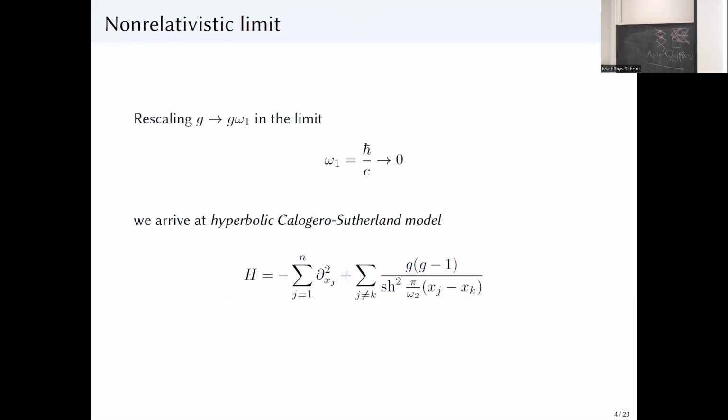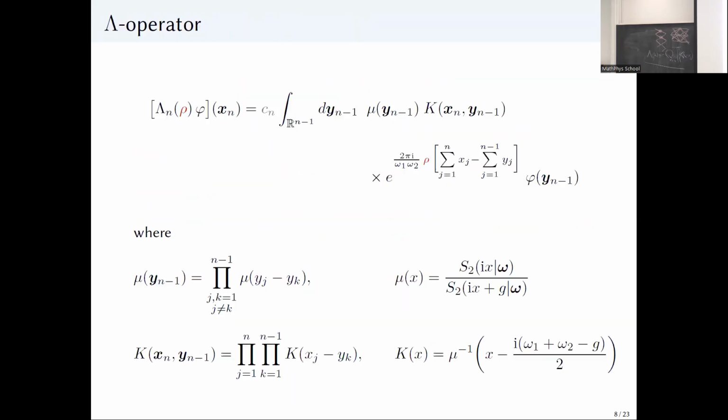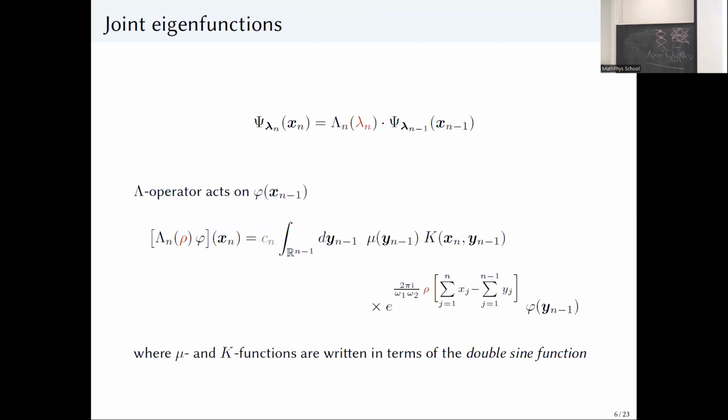But the double sine function is symmetric with respect to omega 1 and omega 2, and actually this integral representation can be explicitly calculated in the case g equals omega 1. And this is what I think you're asking. So you obtain non-trivial Hamiltonians, but the eigenfunctions are actually some simple formula in this case, but it's not the case you're asking. g equals omega 1.